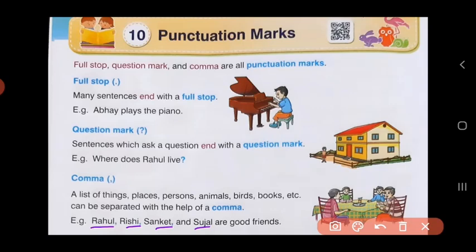And that's why after Rahul, if you see, there's a comma. After Rishi again, there's a comma. And after Sanket, there's a comma. So we use commas when we have to separate things.